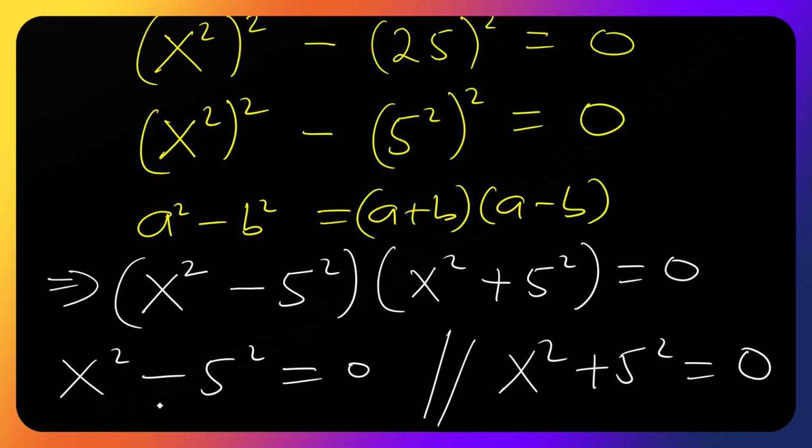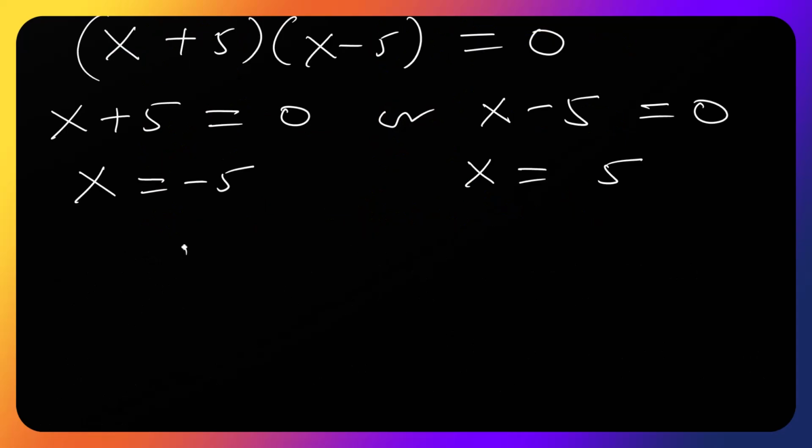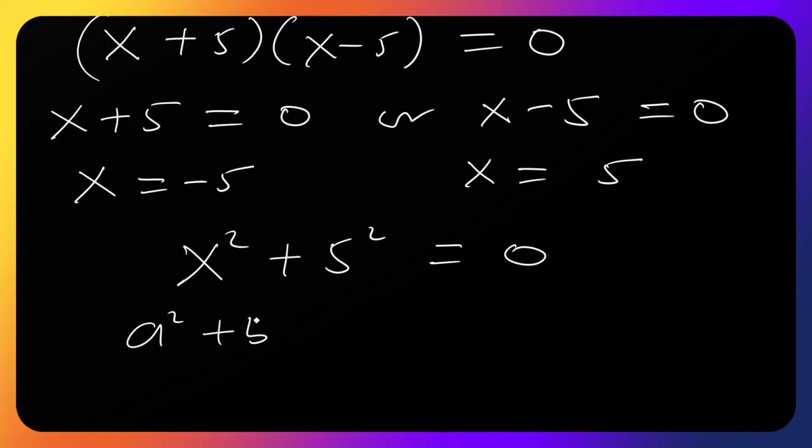So that is this. Now let's observe the second one, x squared plus 5 squared equals 0. Now when we have a squared plus b squared, it is the same as a plus bi, a minus bi, so this one will be complex.